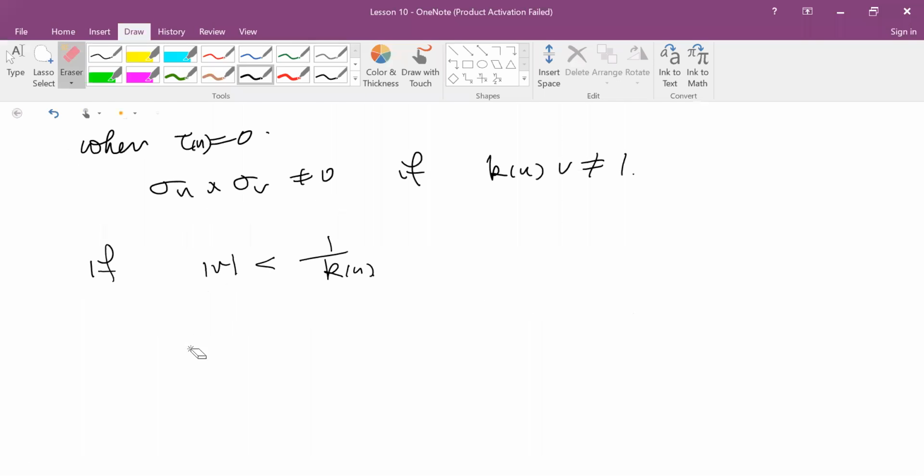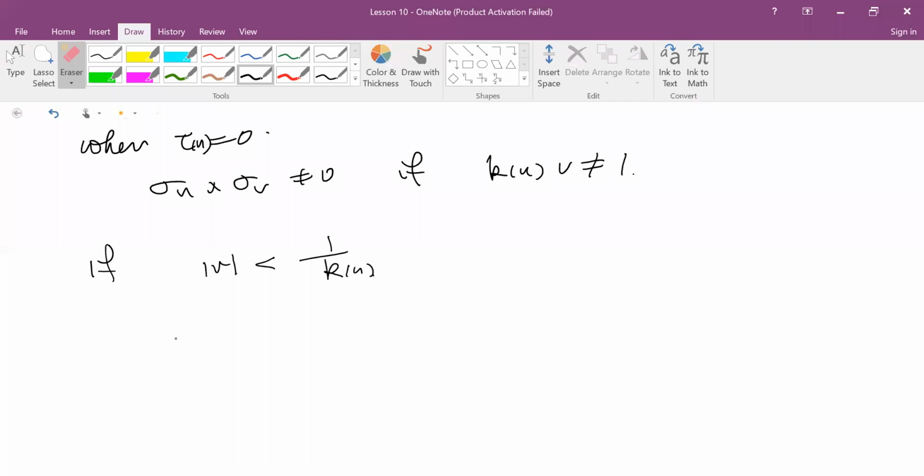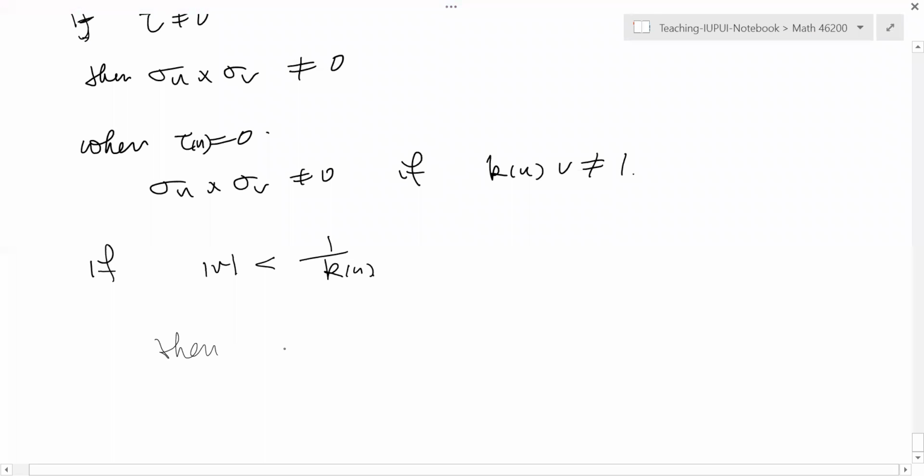Then sigma u cross sigma v is not going to be 0.